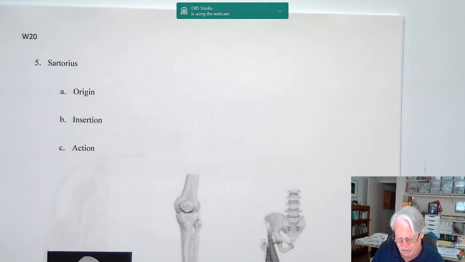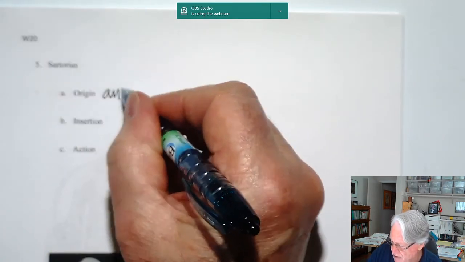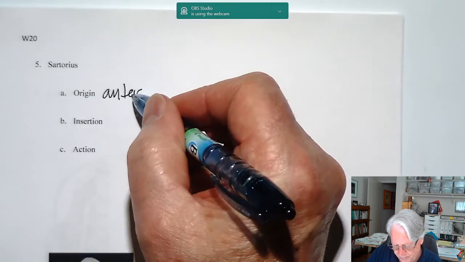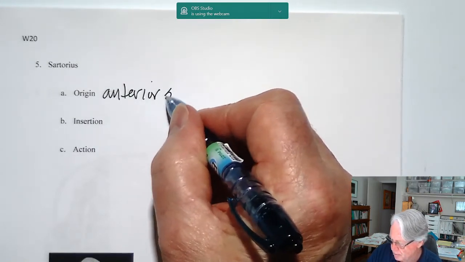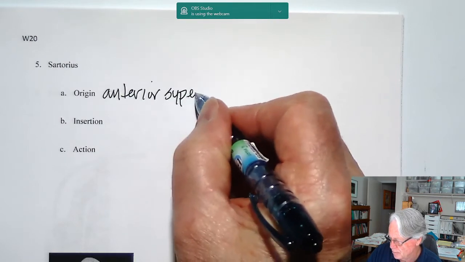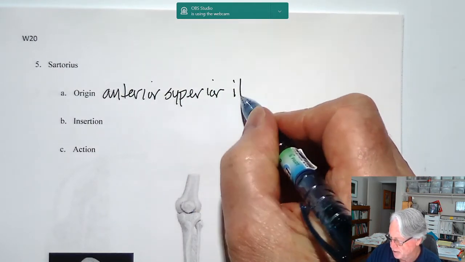So sartorius muscle. Origin: anterior superior iliac spine.